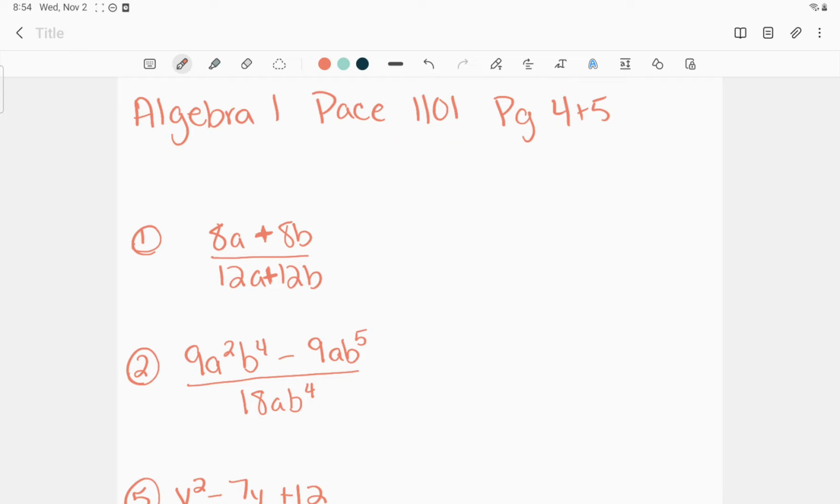And remember, whenever you are dividing and you have variables, you subtract your exponents. So in number 10 on page 3, your answer is going to be 4b over 5x, because the a to the first power and a to the first power are going to subtract and they'll go away.